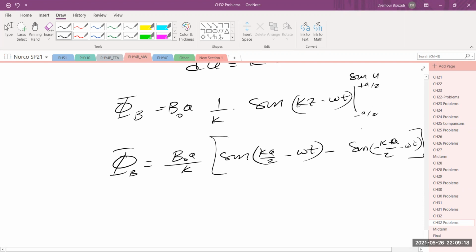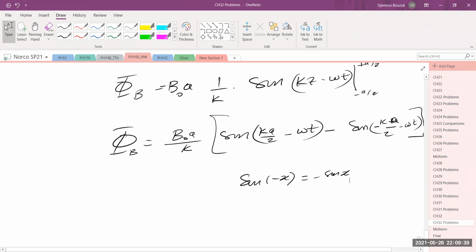So I plugged in the value in here in the upper limit and the lower limit. Note the following. The sine function is an odd function. Sine of negative x is the same as negative sine of x. So this will become a negative sine of ka over 2 plus omega t. But don't forget I have a negative already. So this will become a positive.